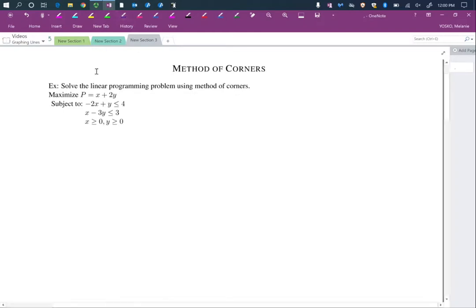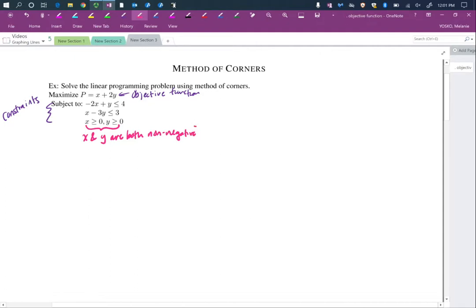So let's label a few things. Remember, this is your objective function, and these are constraints. So let's talk about two of these constraints in particular. These two right here mean that x and y are both non-negative.